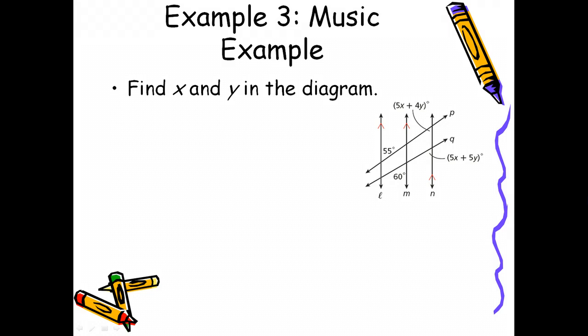Let's look at a music example. Find x and y in the diagram. So if we look over here, we have an angle that is equal to 5x plus 5y, and another one equal to 5x plus 4y. If we look, we have 3 parallel lines and 2 transversals.